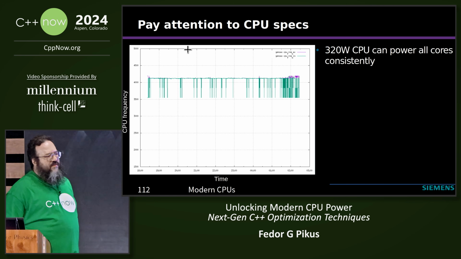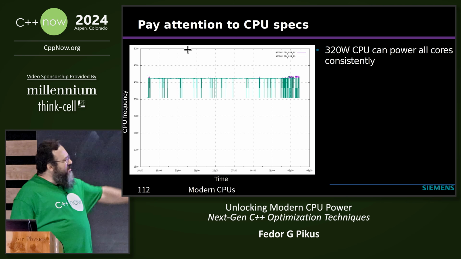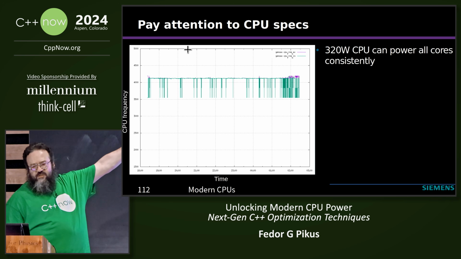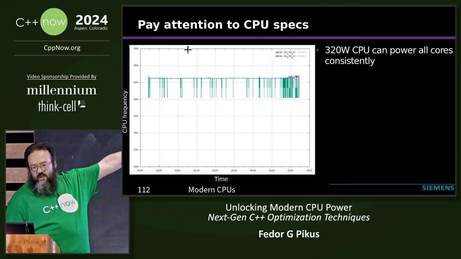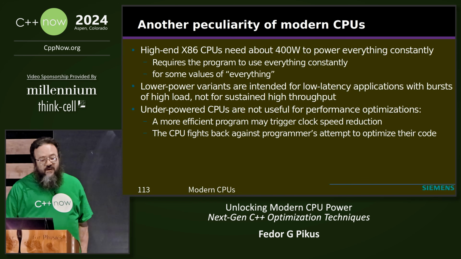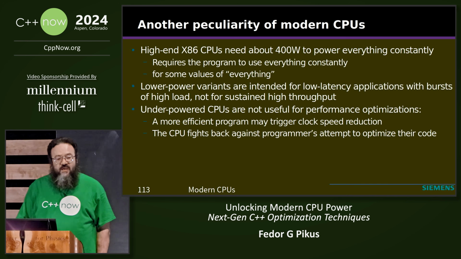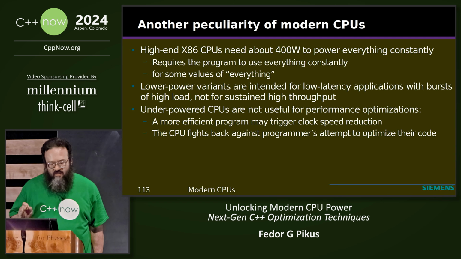That one has enough power to run all of its cores at full speed. It also has a slightly higher maximum clock frequency, 4 point something. Now everything is perfect, no slowdown. When you're buying those CPUs, read the fine print. Some of them are not able to deliver everything they promised to deliver.